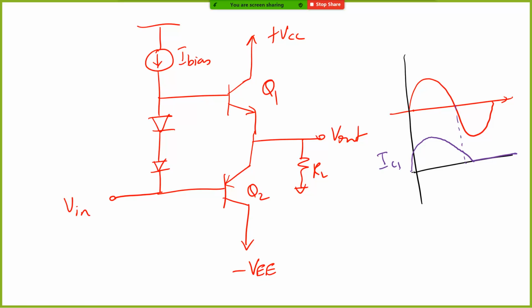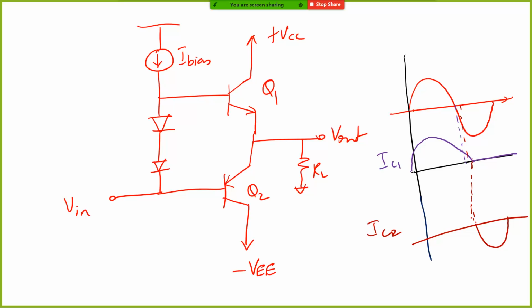Let's say this is IC1, and let us also look at IC2. What is IC2 going to look like? Where Q1 is going to stop, that is where Q2 is going to take over.